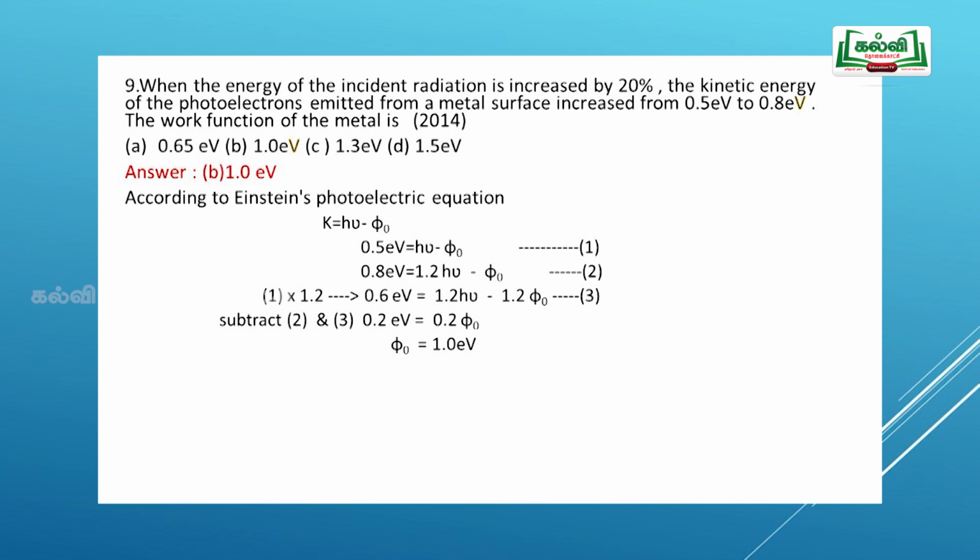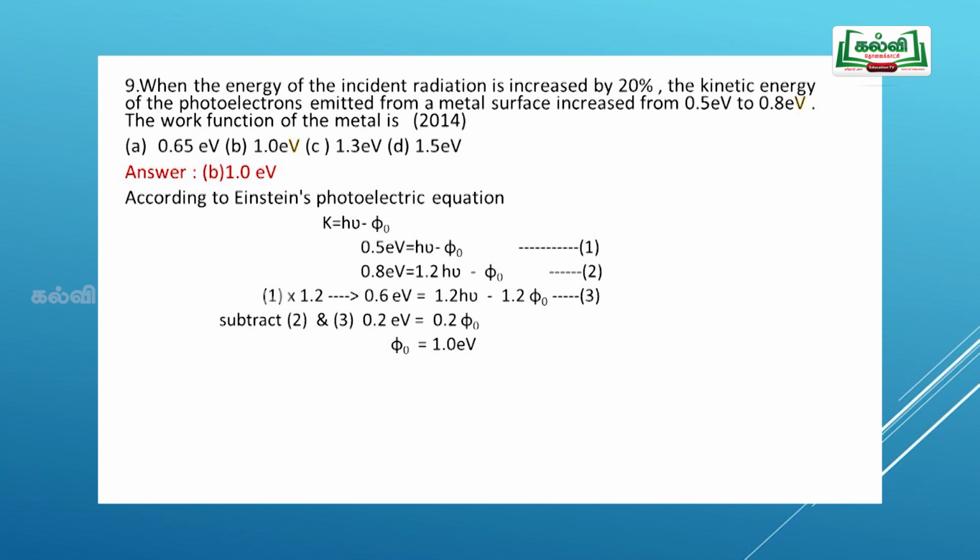As we know, Einstein's photoelectric equation is K equals h nu minus phi naught. For the first case, K is 0.5 electron volt, equal to h nu minus phi naught. For the second case, K is 0.8 electron volt, and the incident energy increased by 20% is 1.2 h nu, minus phi naught.